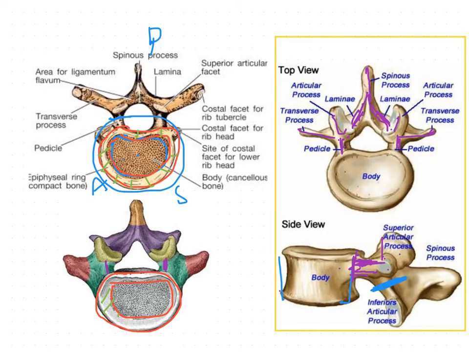The name itself indicates that it is a part of the lamina present in between the superior and inferior articular processes. This pars articularis has some clinical importance. So these are all the parts of the vertebral arch.